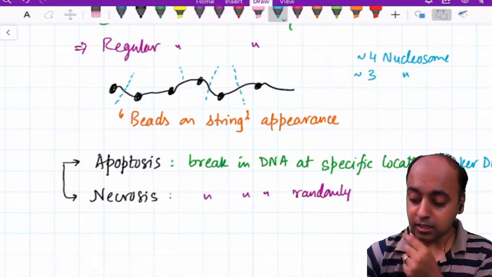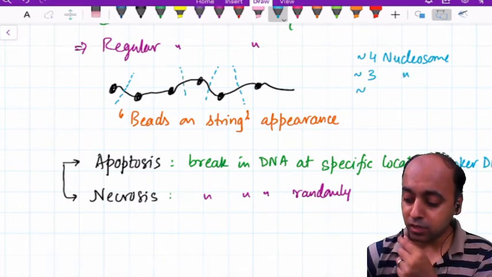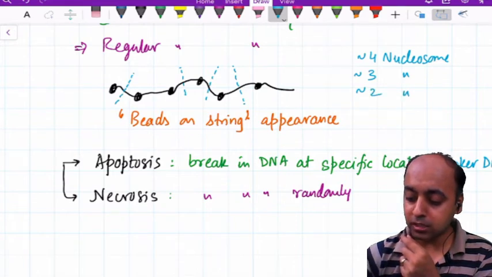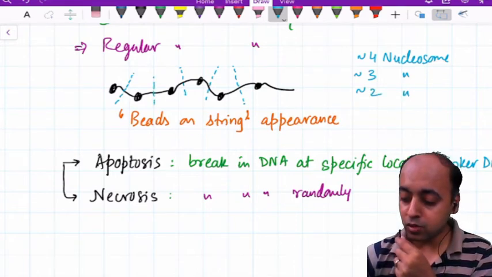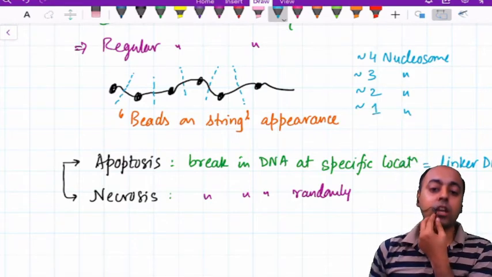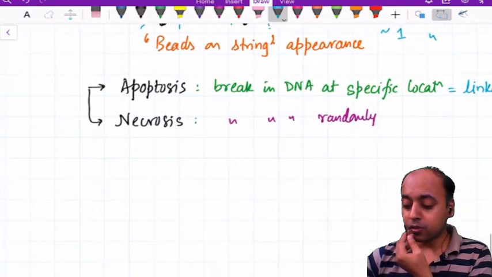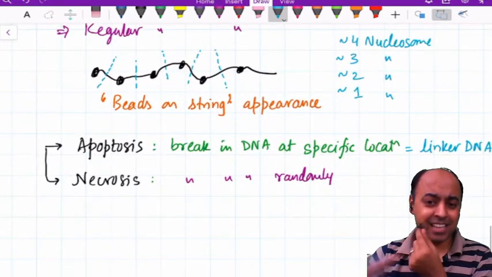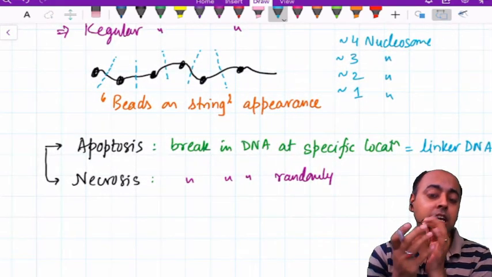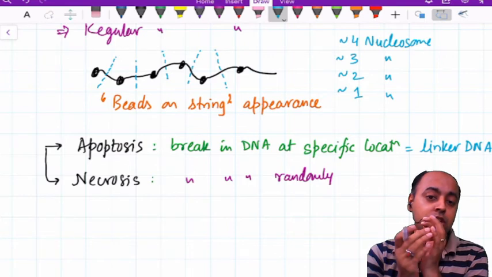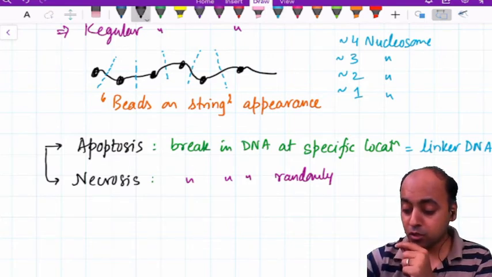If we get a cut here, we can get a segment of DNA having 2 nucleosomal length, and we can also have a segment of DNA having 1 nucleosomal length. So when we examine the pattern of DNA in the gel electrophoresis after apoptosis, we get a very specific, peculiar pattern.